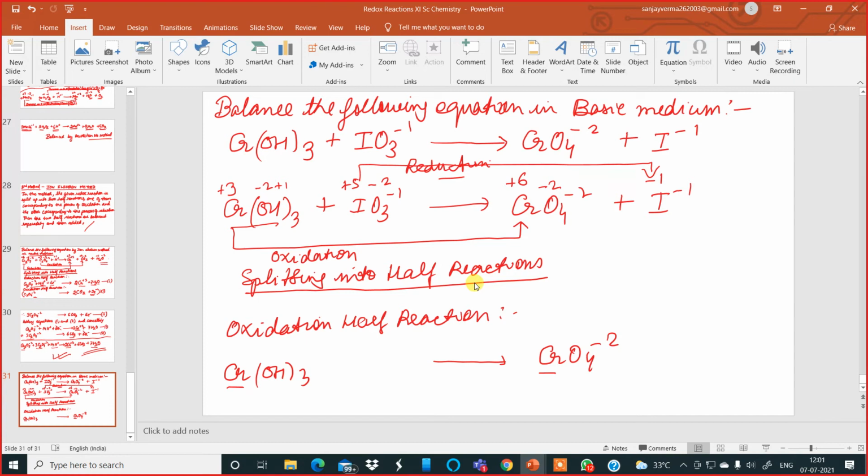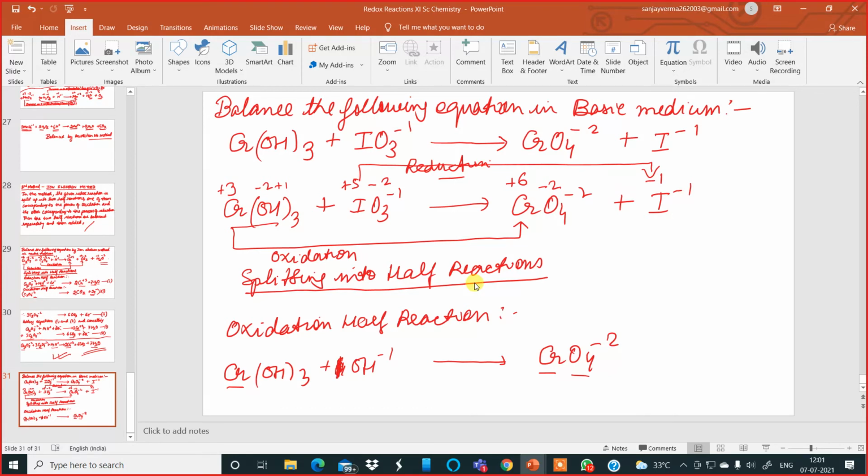Chromium, oxygen is 3, oxygen is 4 over here. So if I put 4 OH minus, then oxygen becomes 3 plus 4, 7. Just check. I'll put 1 only, first 1 only, because I have to make it the same. Oxygen 3 plus 1, 4, so it is 4 over here.